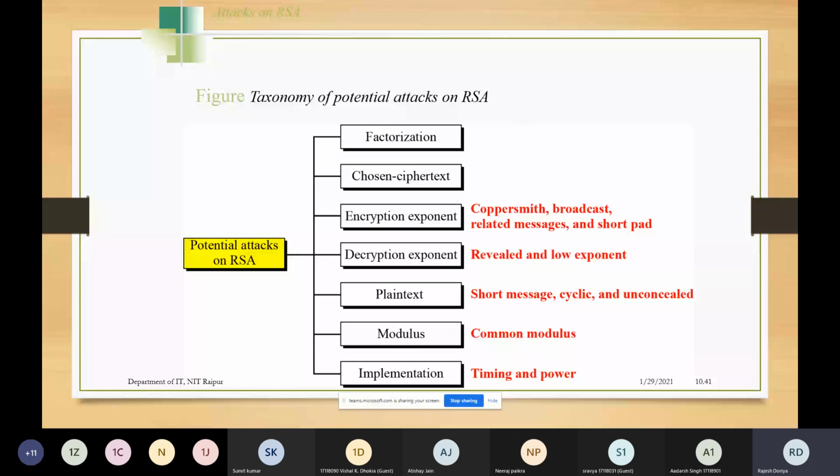Now, if you go by the potential attacks possible on RSA, attackers may try the factorization problem, chosen ciphertext, the encryption exponent, or the decryption exponent. These are the possible areas which adversaries can use to attack RSA.